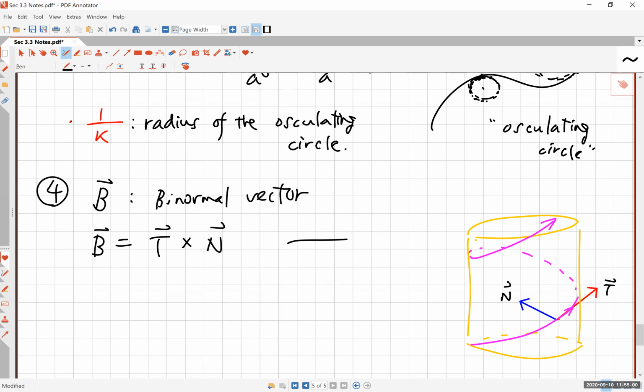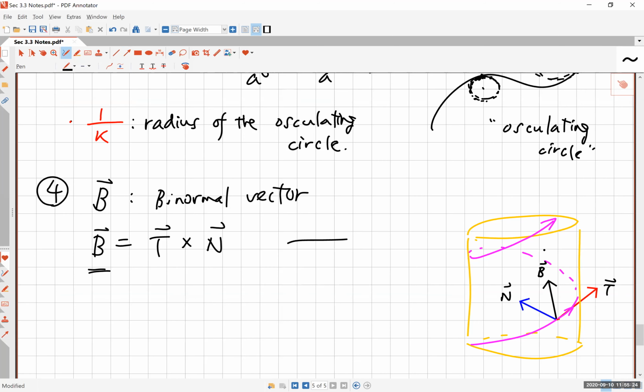It's going to point toward the middle of the cylinder. And B is perpendicular to both T and N, following the right-hand rule. So if I were to draw capital B here, it'll be going up like this. Okay, so that's my B.